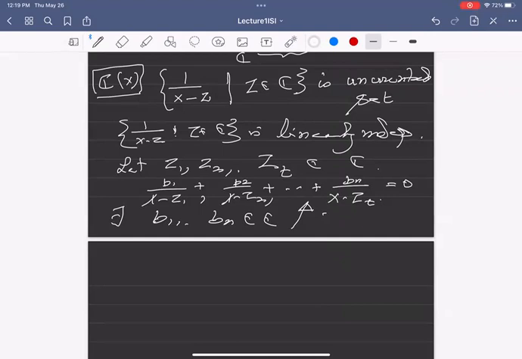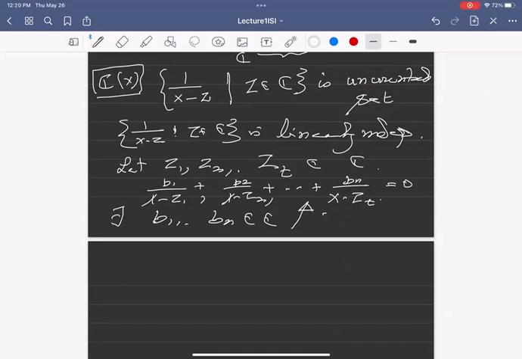I want to show the b_i are 0. b1 (x minus z2) ... (x minus zt) plus b2 (x minus z1) ... (x minus zt) ... equals 0. Good.